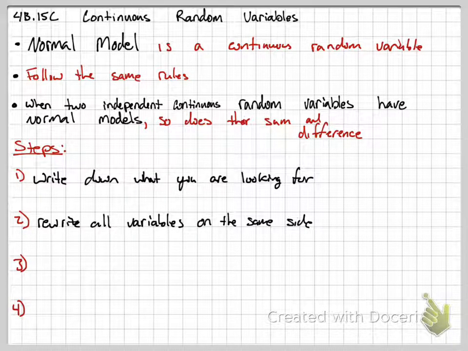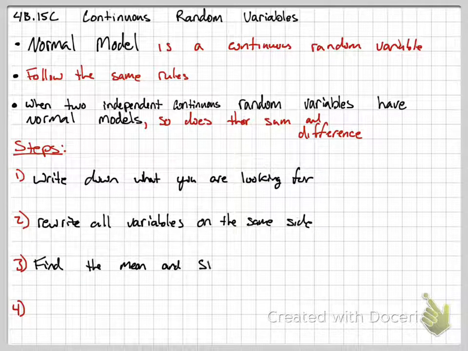Now our third step is that we need to find the mean and the standard deviation. And that's along with what we did in the last video. We just need to find the expected value of something and the standard deviation.